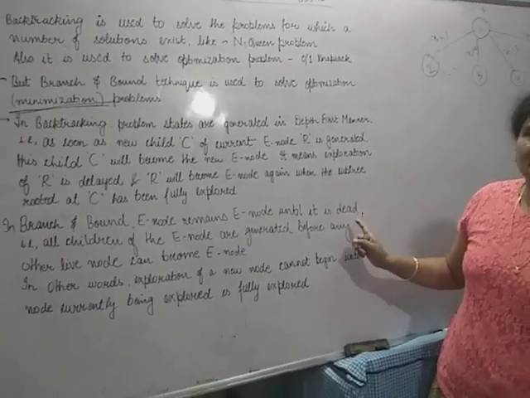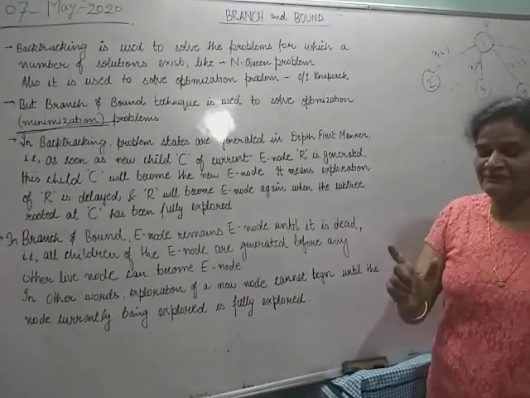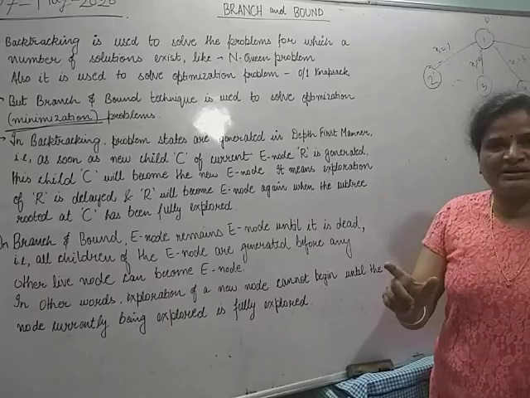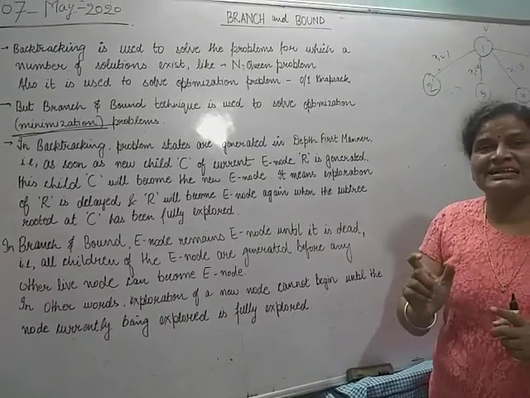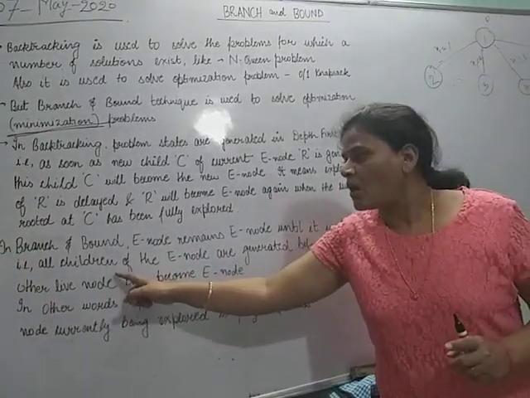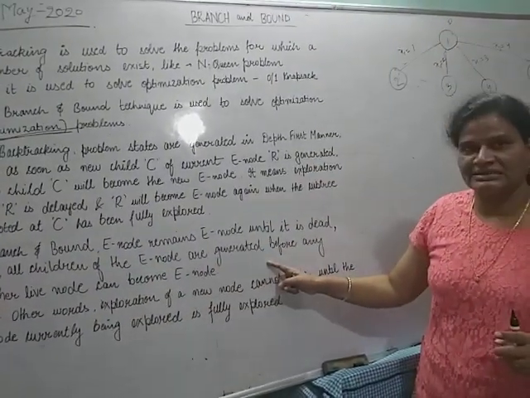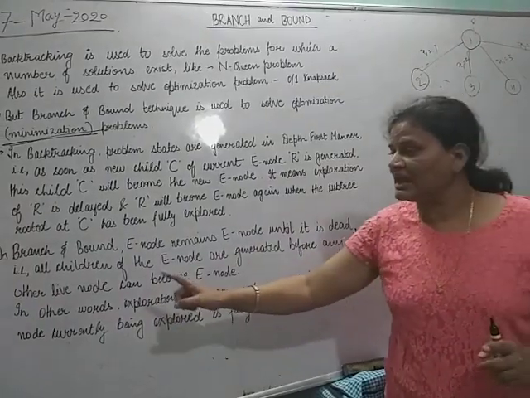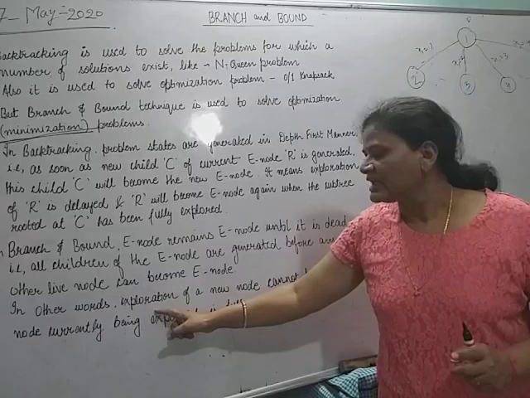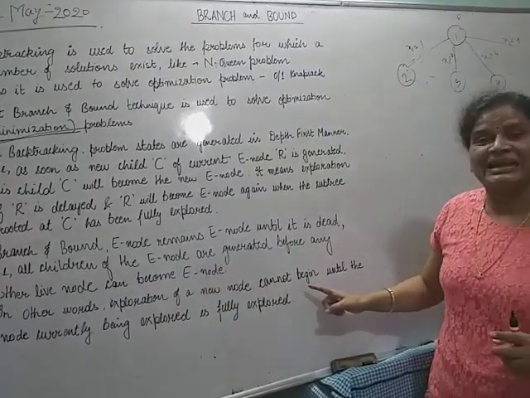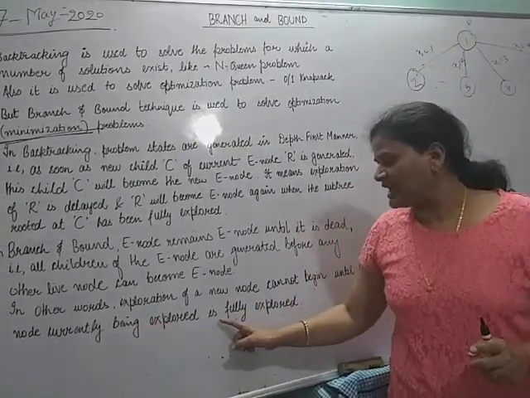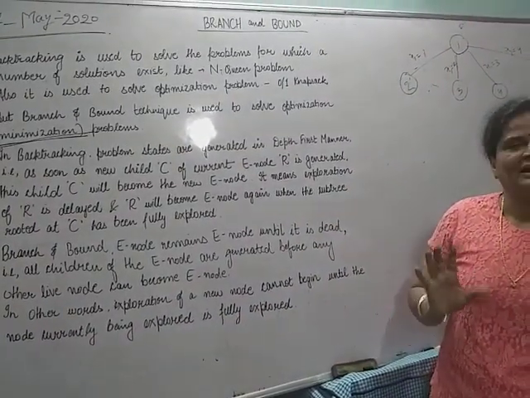As soon as a live node starts generating children, it becomes E node, and this E node remains E node until it is dead. That is, all the children of the E node are generated before any other live node can become E node. In other words, exploration of a new node cannot begin until the node currently being explored is fully explored.